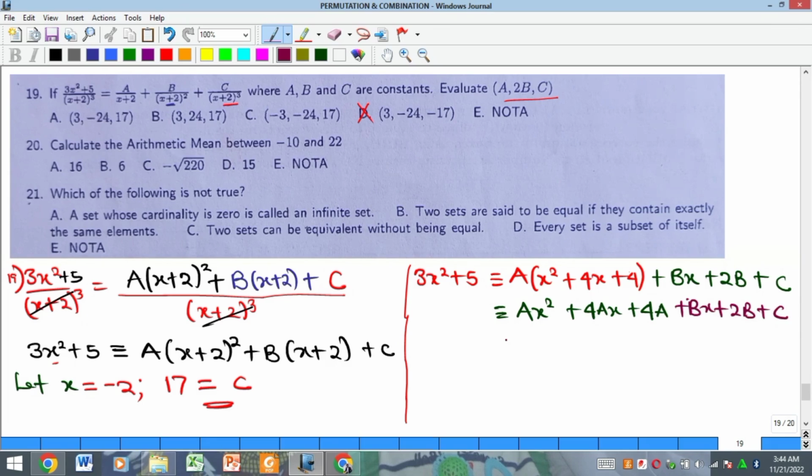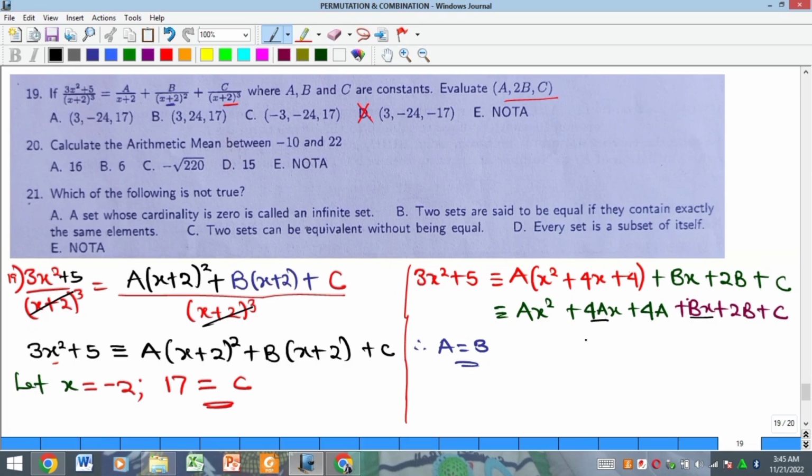Okay, so if you compare both sides now, the only coefficient of x squared on the right hand side is a, and on the left hand side is 3. Therefore our a is equal to 3. So we have gotten a. We are now left with b. So for b, we can make use of either the constant or the coefficient of x. The coefficient of x on the right hand side, look at it, join these two.